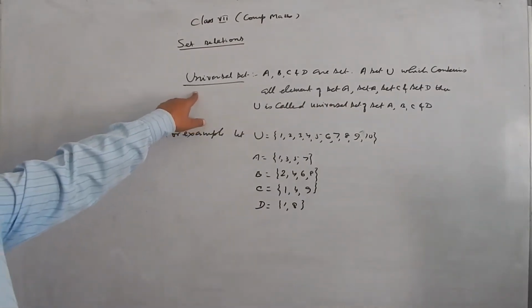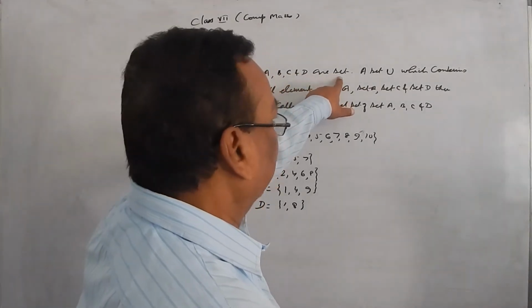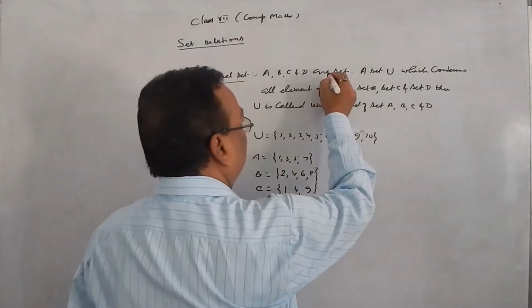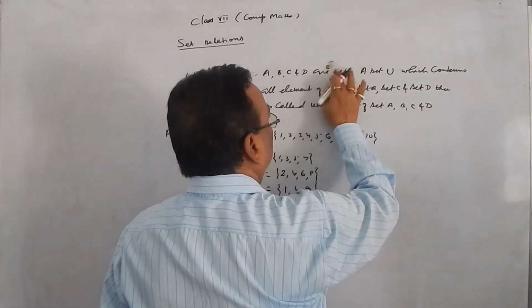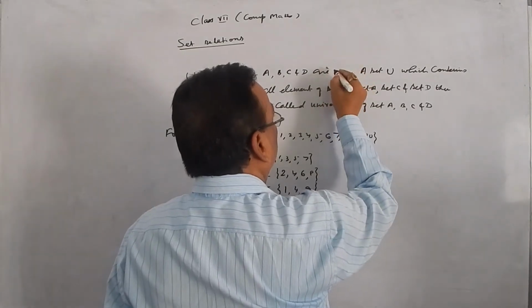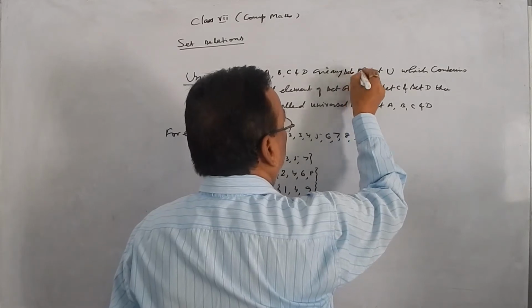Universal set. A, B, C, and D are any sets.